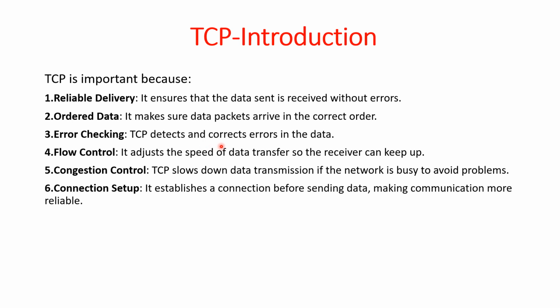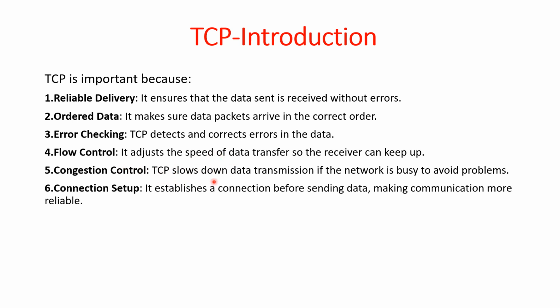TCP can detect errors in data and request retransmission if necessary, ensuring the integrity of the data. It adjusts the rate of data transmission so the receiver is not overwhelmed with too much data at once.